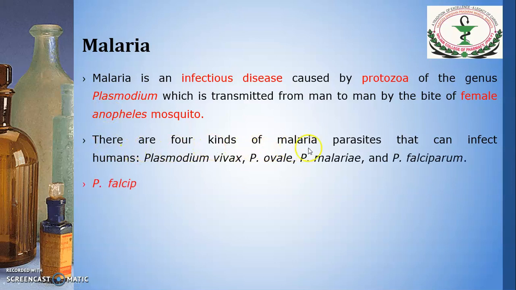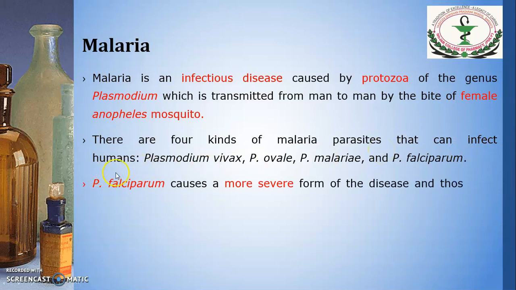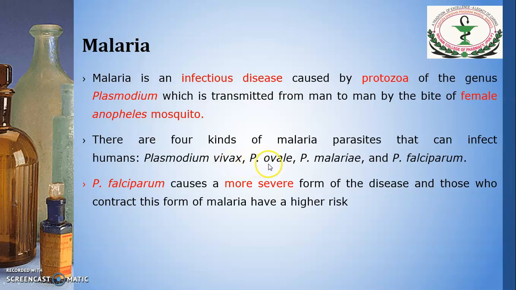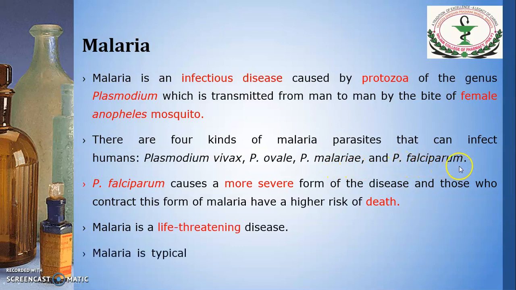There are four kinds of malarial parasites that infect humans: Plasmodium vivax, Plasmodium ovale, Plasmodium malariae, and Plasmodium falciparum.